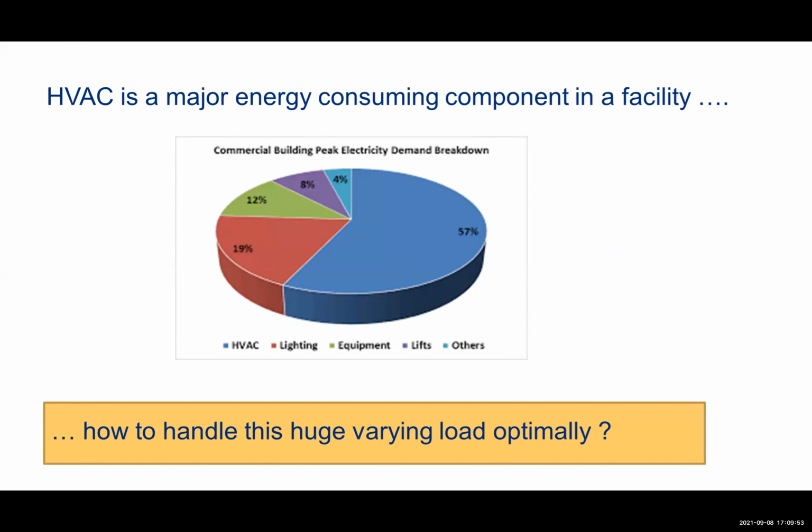Possibly we are looking at HVAC, the cooling and heating, consuming a sizable portion of the energy matrix in a building. While we say that, yes, there are a lot of opportunities, how do we handle this huge varying load? We have to understand one thing, that this load is not constant throughout the year, throughout the number of operating hours in a building.